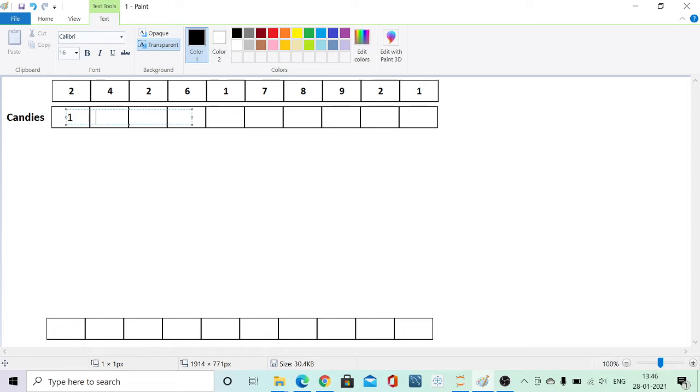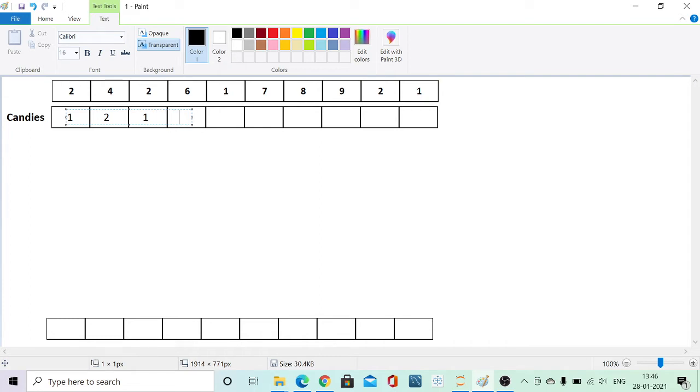If we see the next student, he has rating 4, which is higher than 2, so he must get at least one candy more than the previous student, that is 2. Now the next student has a lower rating, so he can be given a lower number of candies, that is 1.